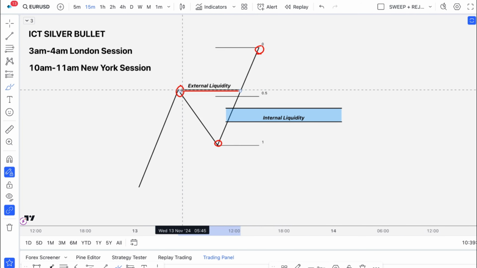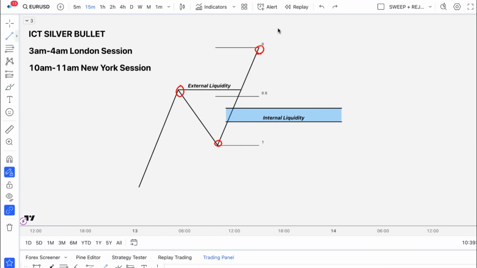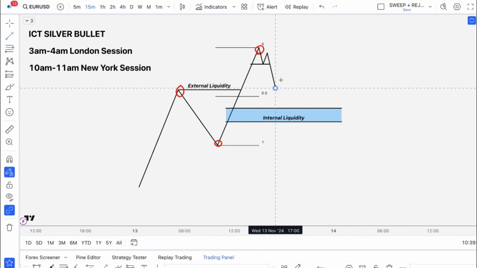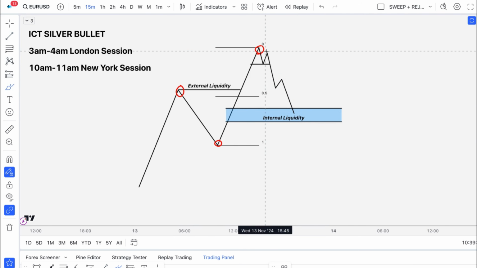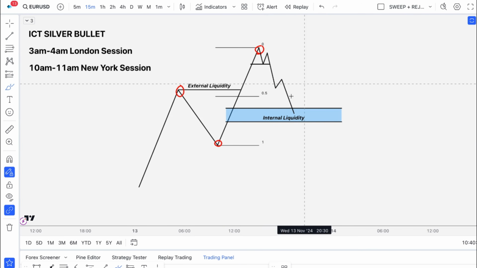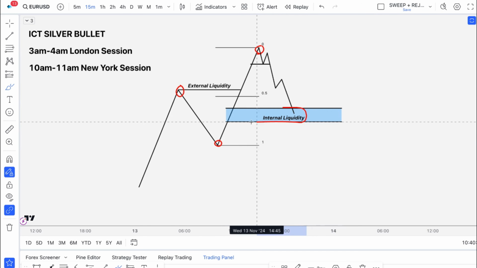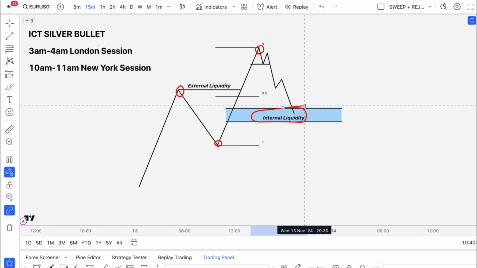Then what we're looking for is a market structure shift on the smaller time frames, and then we can look to short back to the downside, because once we've run external range liquidity, the next expectation is that price will reach for internal range liquidity, which may be in the form of the most recent fair value gap or the most recent order block.